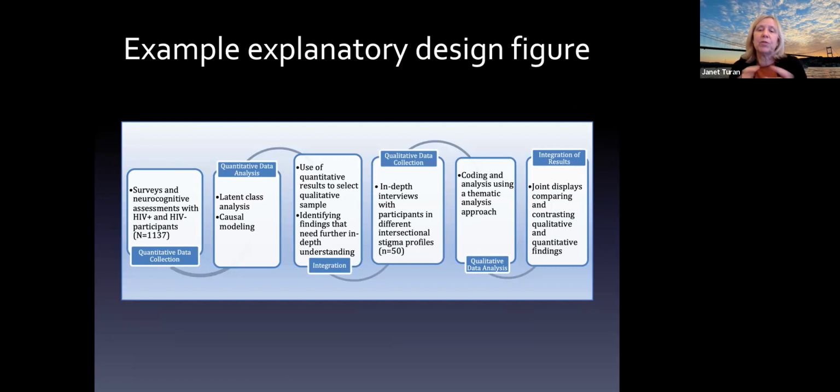Then there comes the first integration stage, where we use those quantitative results to help us select a sample for qualitative research. We also identify findings that need further in-depth understanding. With that, we went to in-depth interviews with participants and coded and analyzed them using a thematic analysis approach. And then there's the final integration stage, where we compare and contrast the qualitative and quantitative findings.